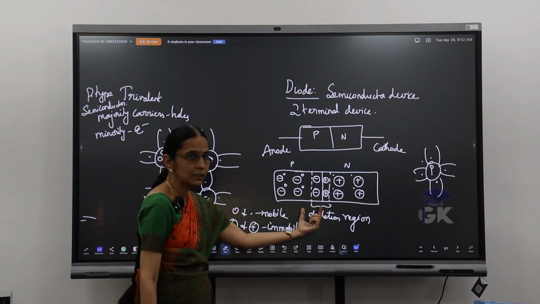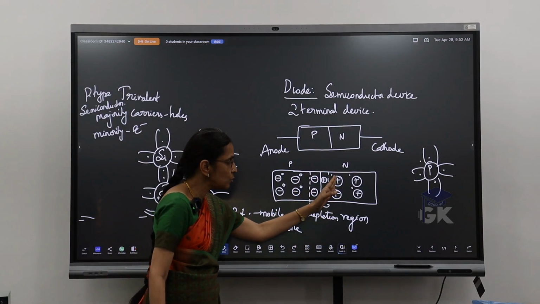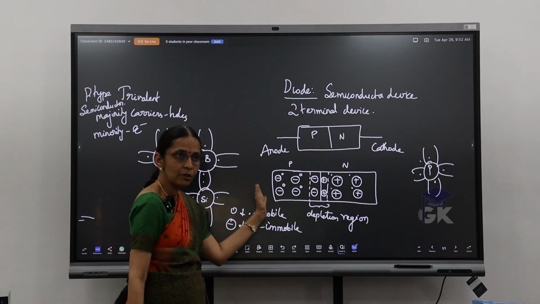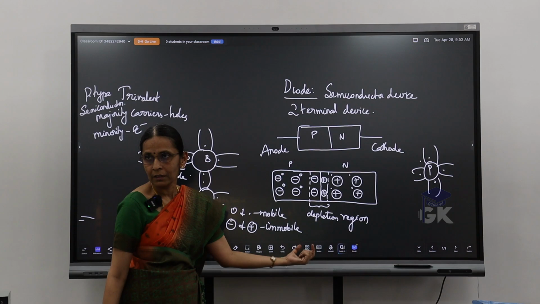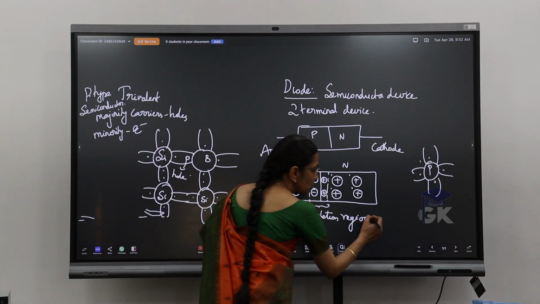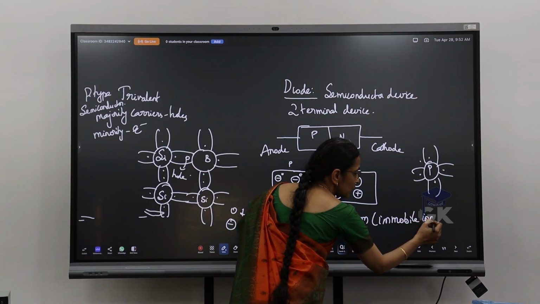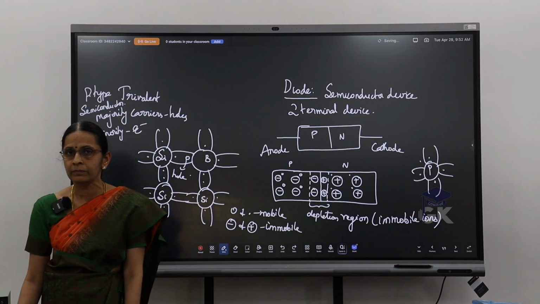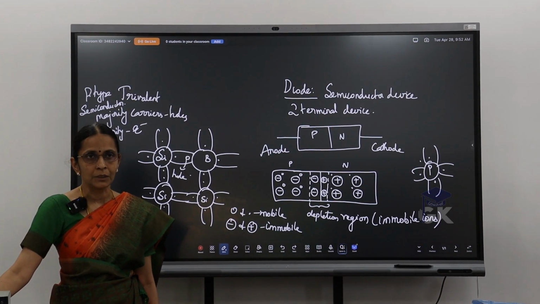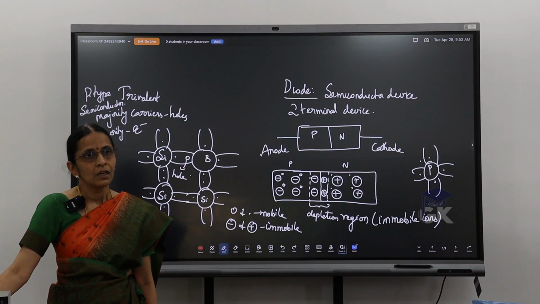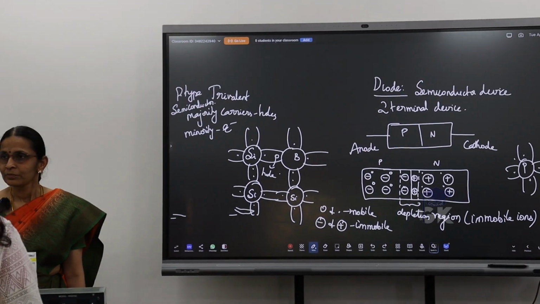So my depletion region gets formed because of this charge imbalance, electrons moving from N to P and holes moving from P to N. I have this region created which I call the depletion region. That depletion region is going to contain only my immobile ions. Clear? Only my electron and hole are going to be the mobile charge particles. These ions are going to be the immobile ones. Immobile means it cannot move.